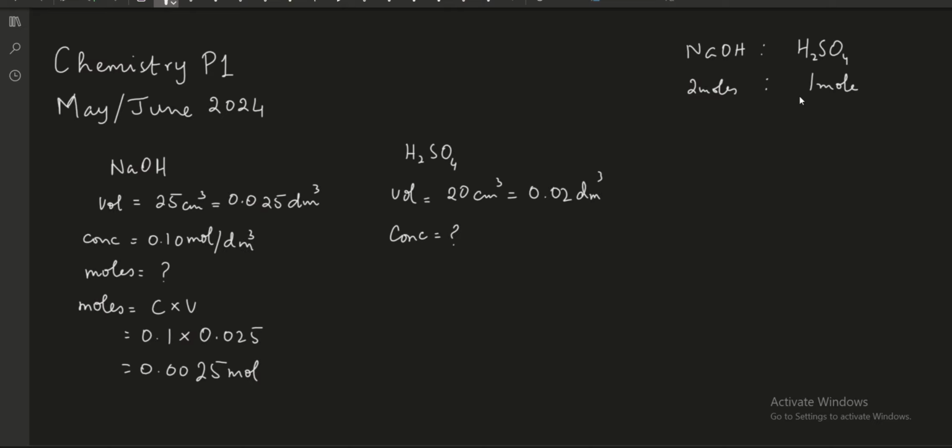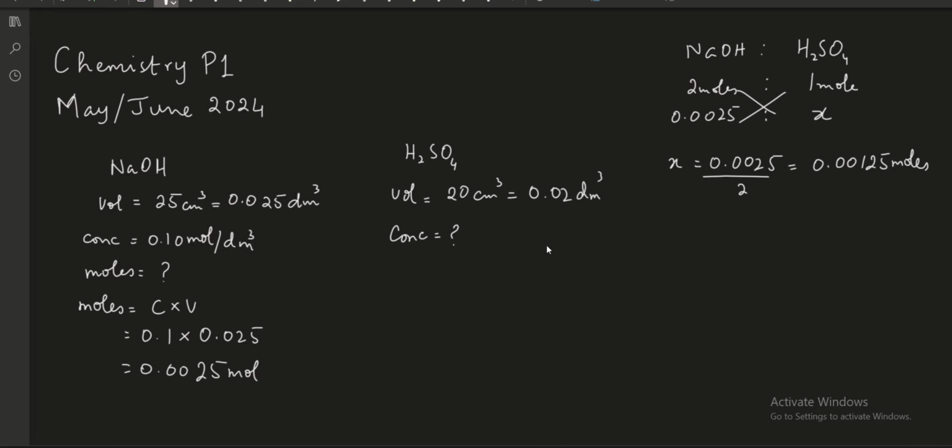Now if 2 moles react with 1 mole, how many moles of sulfuric acid will react with 0.0025 moles of sodium hydroxide? We'll take it as x. Now cross multiply and calculate the value of x. It would be 0.0025 divided by 2, so the answer will be 0.00125 moles.